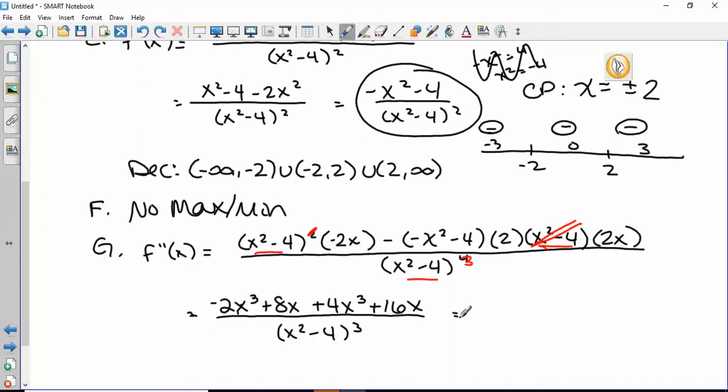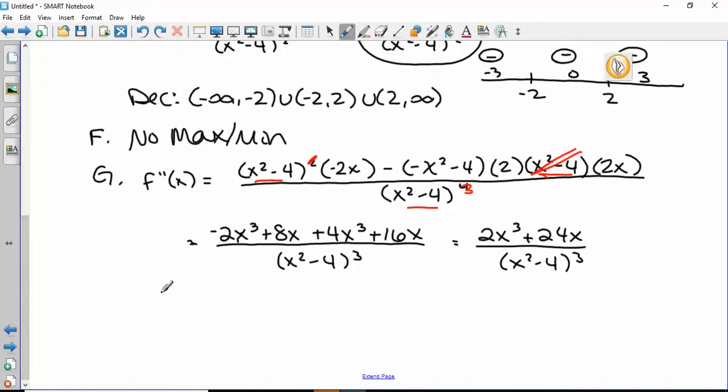Okay. So then we get 2x cubed plus 24x over x squared minus 4 cubed for the derivative. Inflection points are when this is 0 or undefined. I know it's undefined at positive and negative 2.